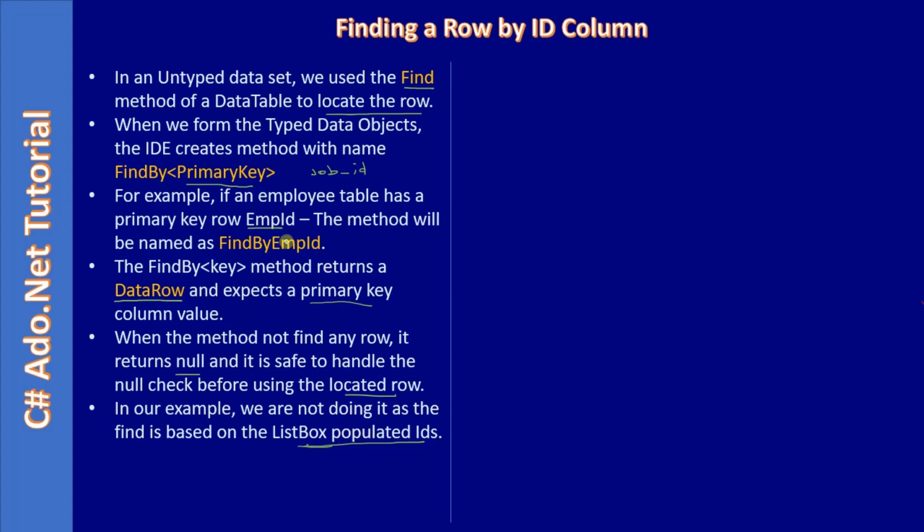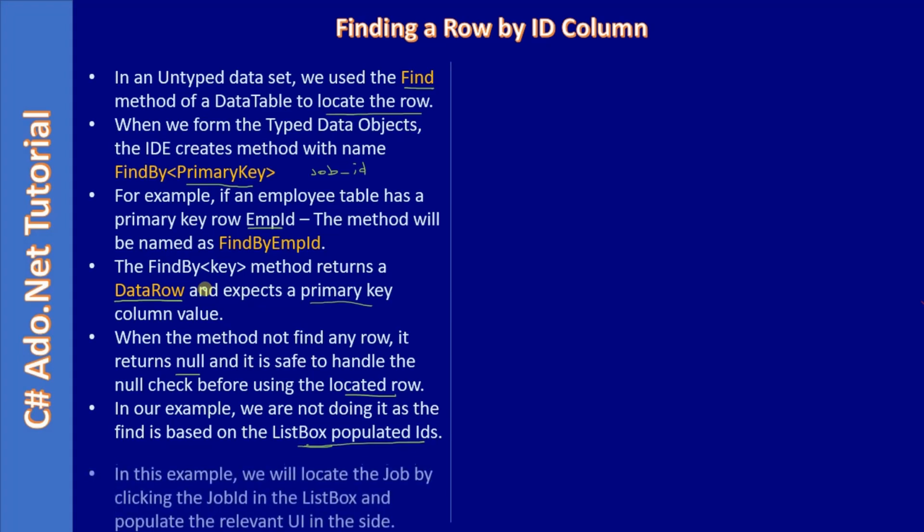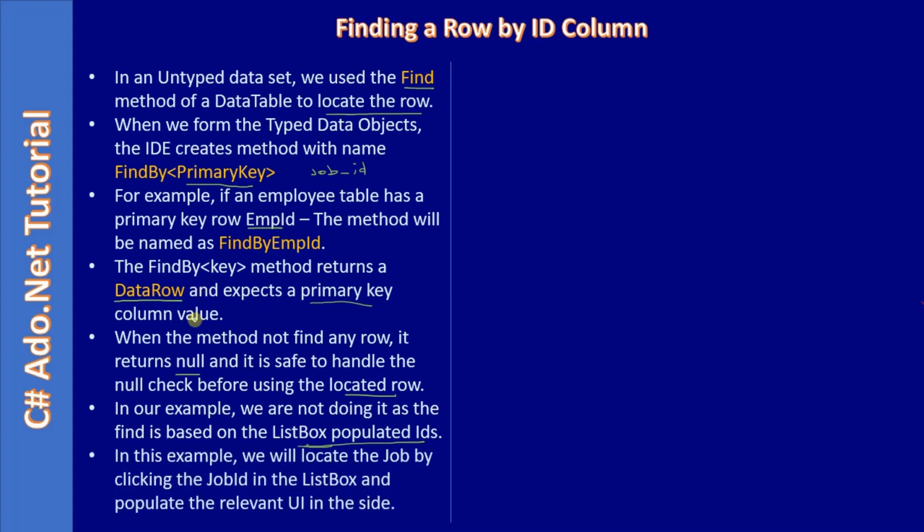That's why when we use the FindBy method for the selected ID, we will not check the data row returned by the FindBy method, because definitely the row exists, as the ID we are going to supply definitely exists in the database. In this example, we will locate the job by clicking the job ID in the list box and populate the relevant UI on the side. Yeah, that's what we are going to do.